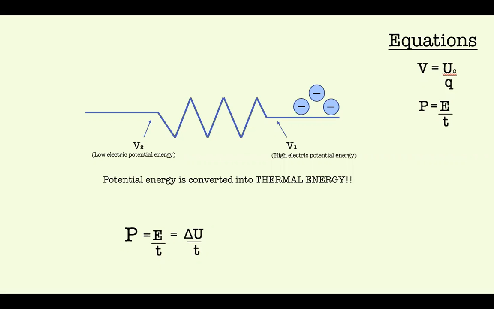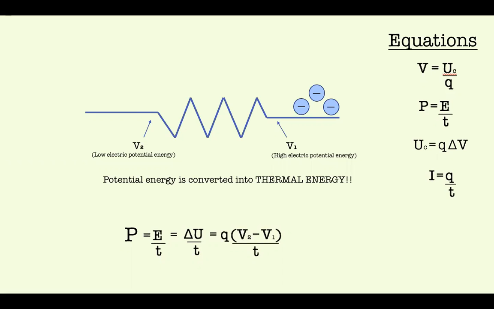Now on the right, we can find the equation electric potential energy equals charge times the change in voltage. Using this equation, we can take it another step forward below by saying that power equals the amount of charge times our change in voltage, which is V2 minus V1, over our change in time. To break down this equation even more, on the right, we can see that we have the equation I equals Q over T, which is I, our current, equals the amount of charge over a period of time.